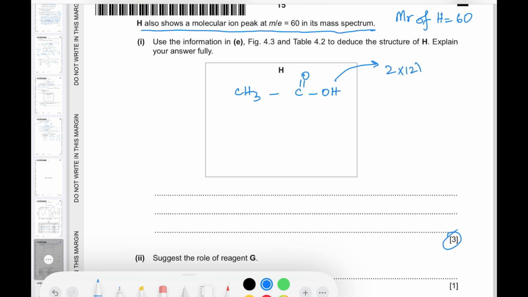That's the sum of the mass of 2 carbon atoms with the mass of 4 hydrogen atoms and 2 oxygen atoms, and this is equal to 60. So now you have 3 factors to confirm your answer.